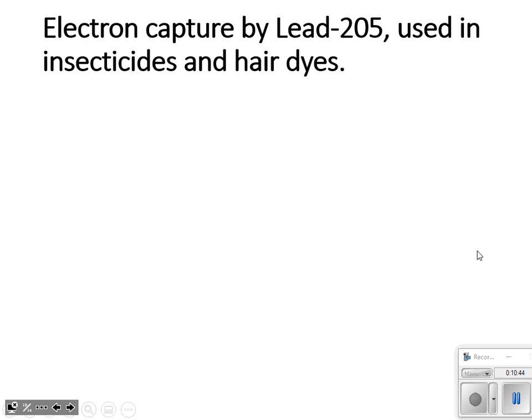Electron capture by lead-205, used in insecticides and hair dyes. That's kind of a diverse grouping there. We spray it to kill an insect, and then some people put it in their hair to make it a different color. All right? Kind of different. When we're looking at the electron capture, notice that the electron here is on the reactant side of the arrow.